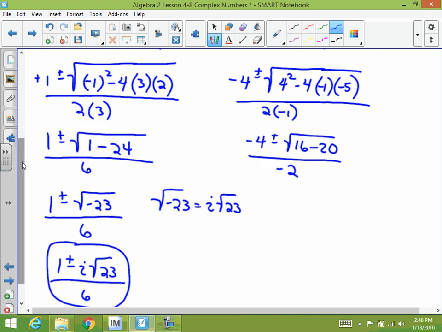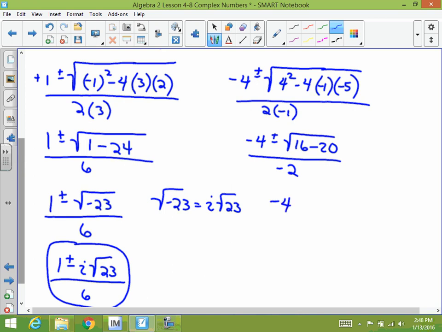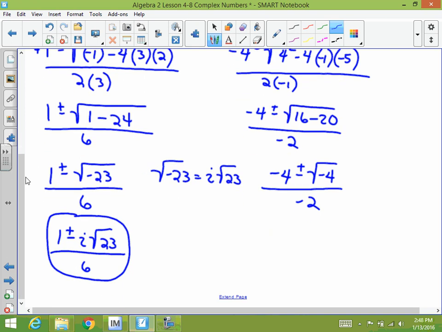So -4 plus or minus the square root of -4 all over -2. We can simplify the square root of -4. Square root of -4 is 2i, because it's the square root of 4, which is 2, times the square root of -1, which is i. So we have -4 plus or minus 2i all over 2.